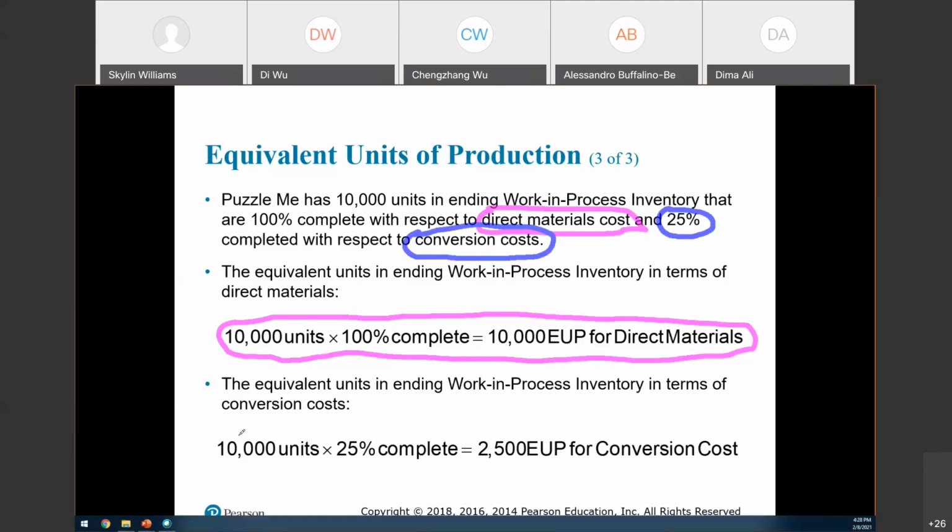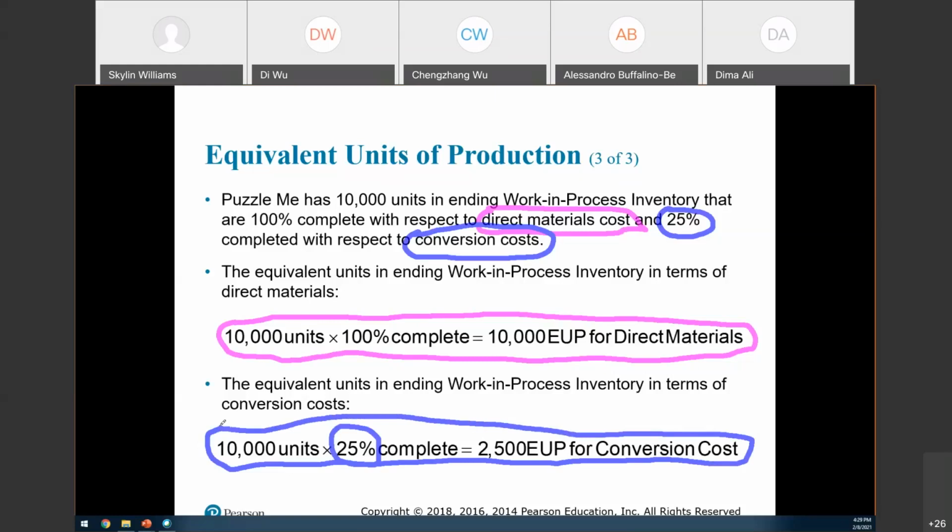So here, we use 10,000 units in WIP inventory count times 25% to get 2,500 EUP, equivalent units of production, for conversion cost.